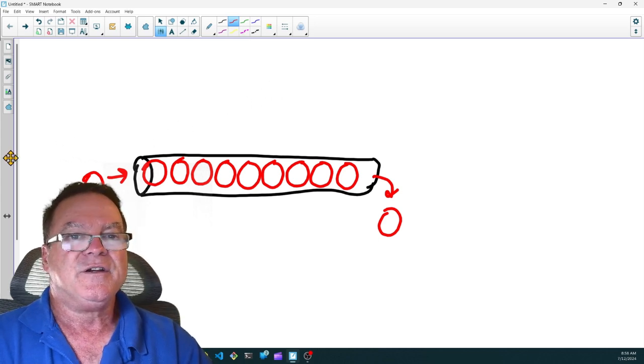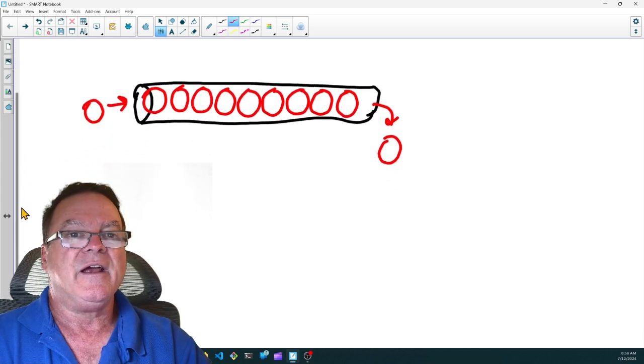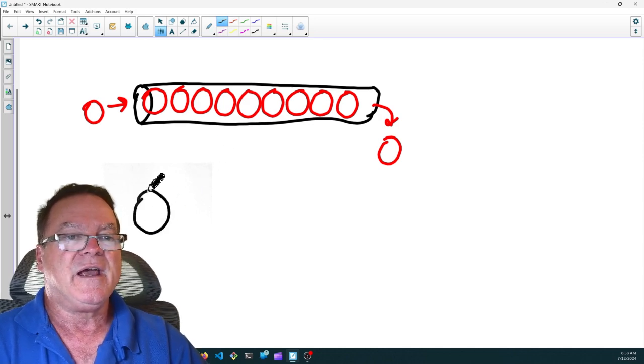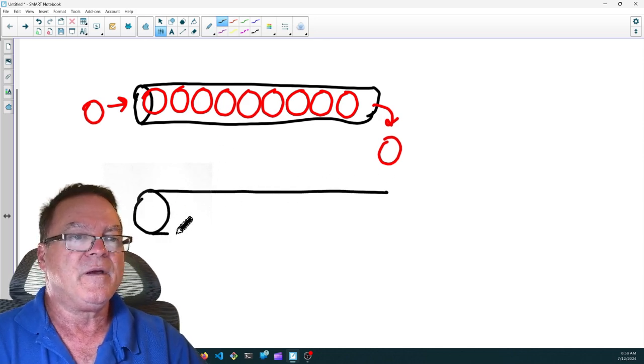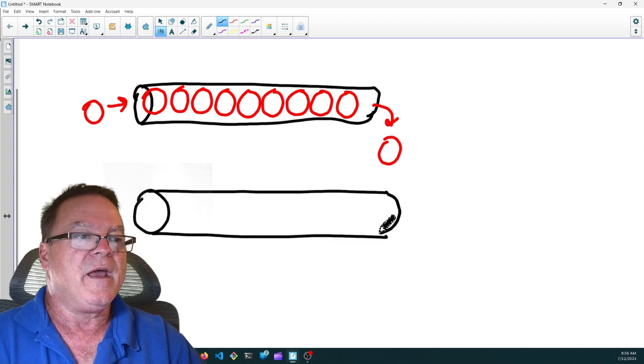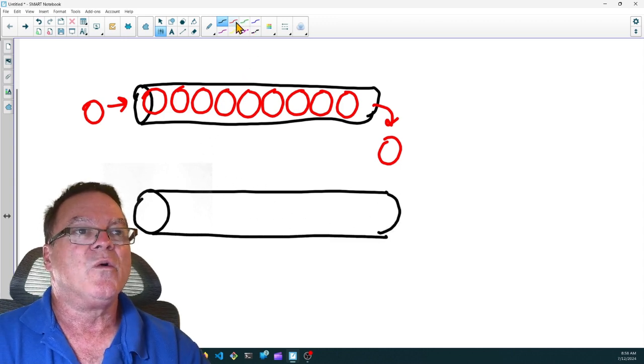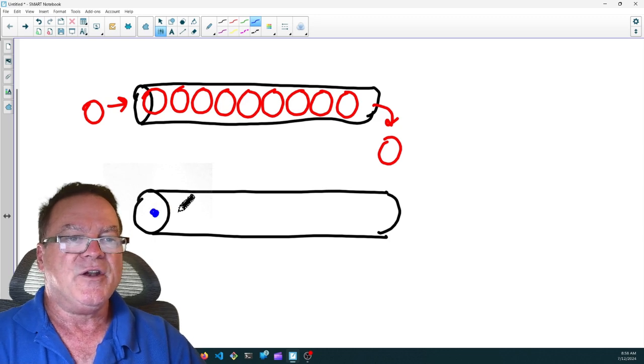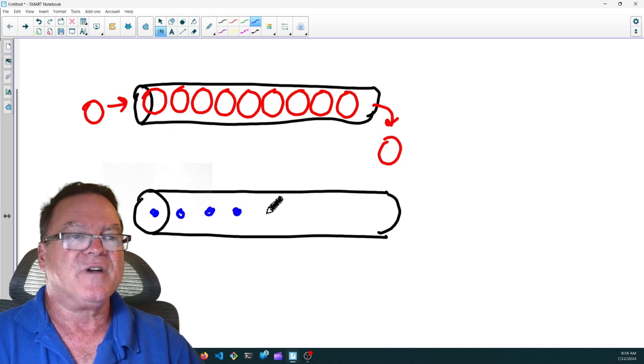So if I change my drawing ever so slightly, I'm going to draw this as a wire. What color do I want to use? I guess I'll use blue. This is the nucleus of the atoms of copper.